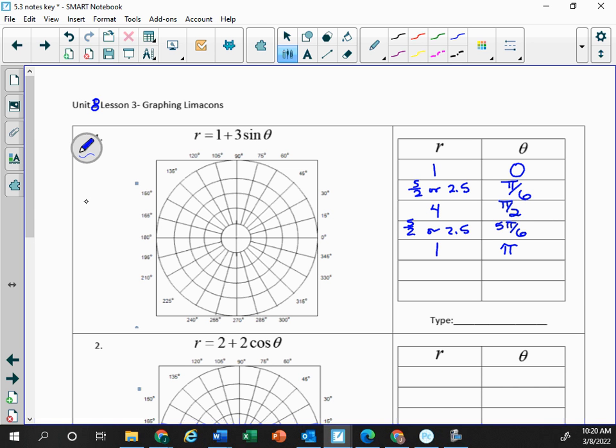Good. All right, 7 pi over 6. What's the sine of 7 pi over 6? Negative 1/2. Oh, goodness. So negative 1/2 times 3. You can do it, guys. Negative 3/2 plus 1. Negative 1/2, right? Oh, goodness.